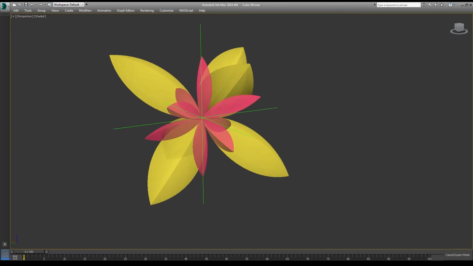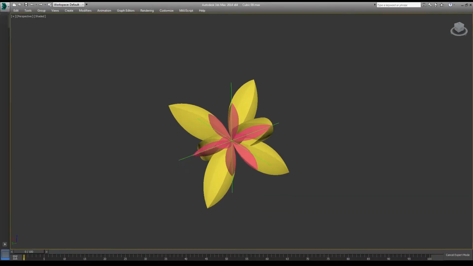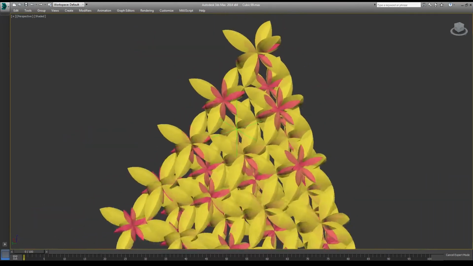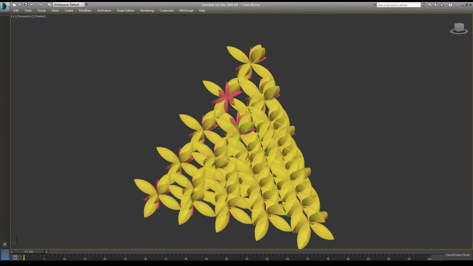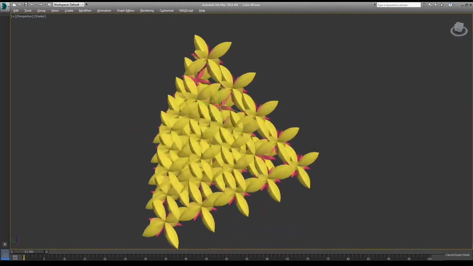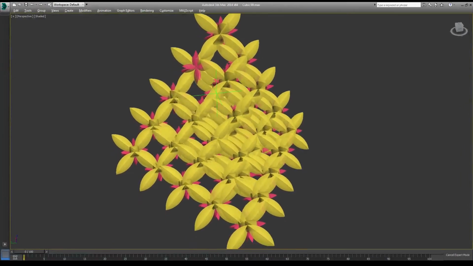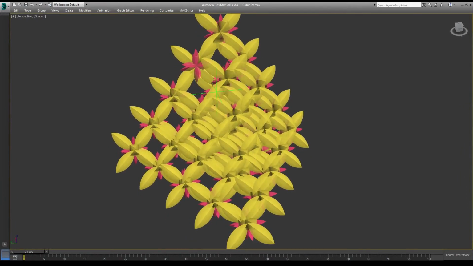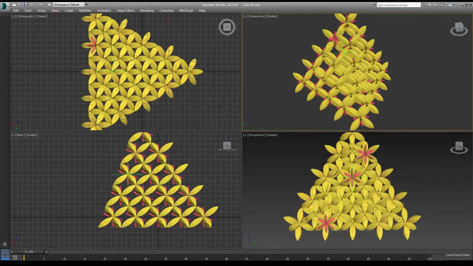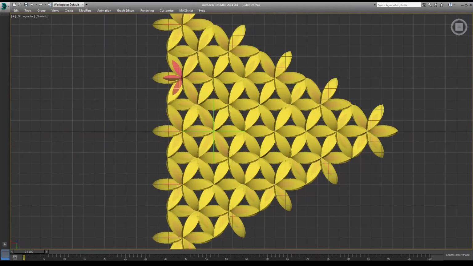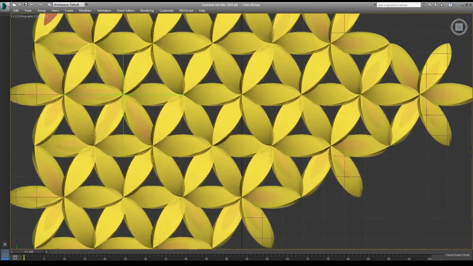I'll switch you off. We can of course just clone these out and start to see a bit more clearly what's going on. So I've made a whole set of them here corresponding to some of our grid, and let's have a look a little more clearly at what's going on with the flower of life pattern. Now you can see it beginning to emerge.